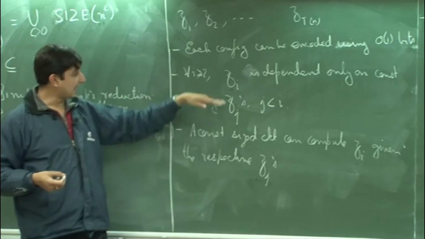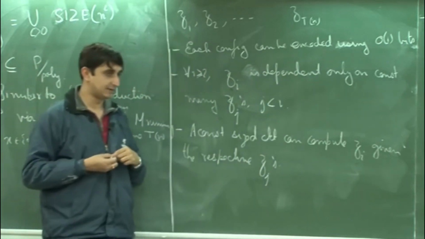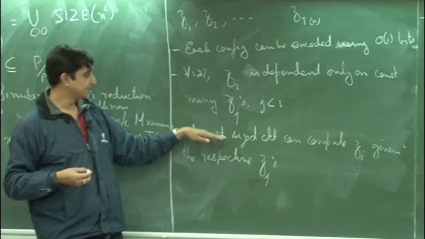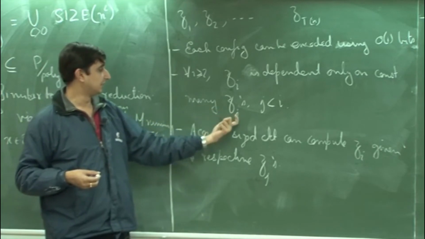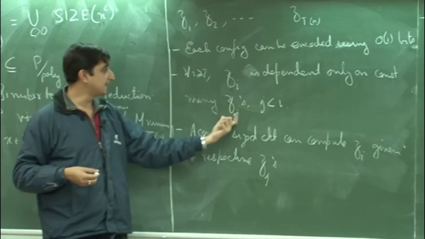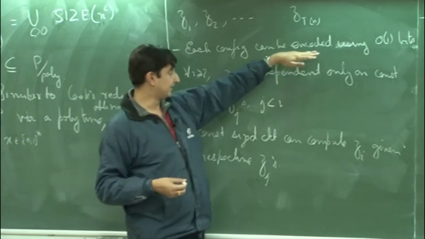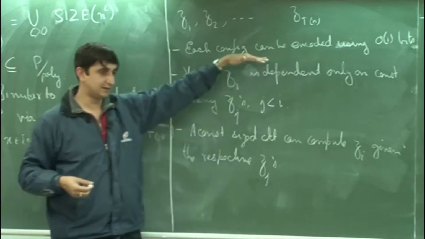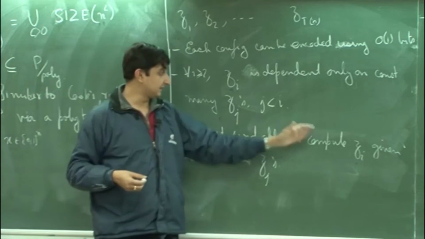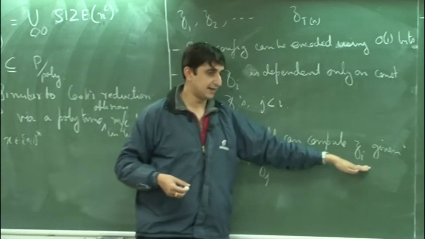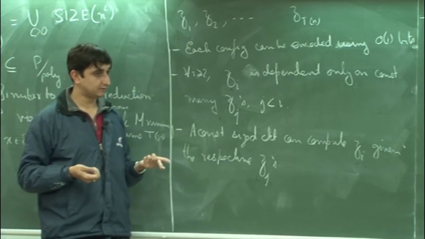Each configuration can be encoded using constantly many bits. Suppose somebody provides me with the values of those 3 arguments, and here I am using the fact that they have constantly many bits. Now the circuit size that I need to compute Zi from those constantly many bits cannot be larger than constant.